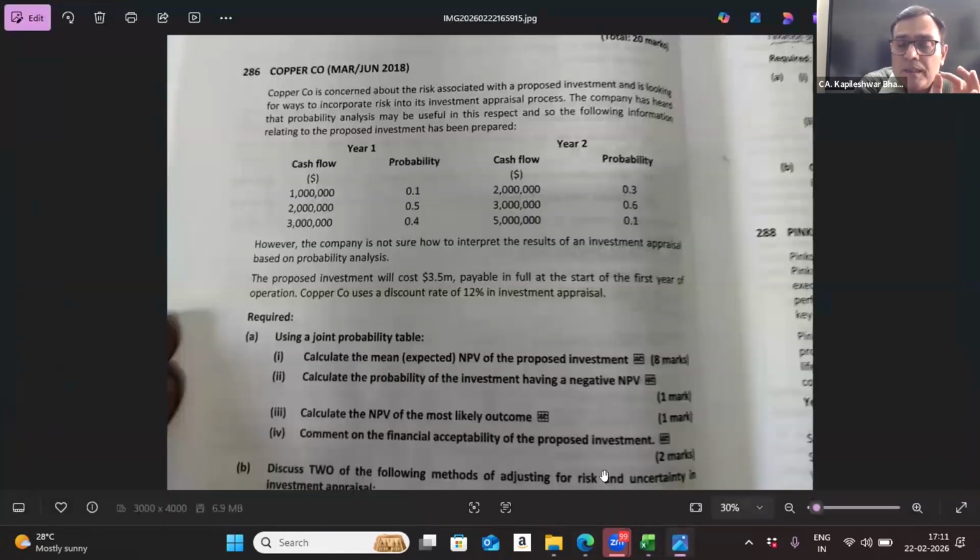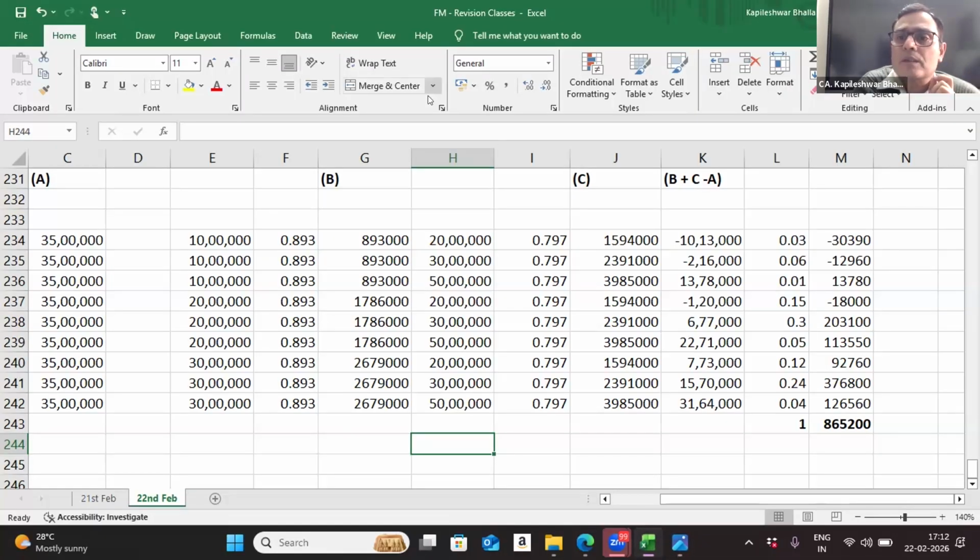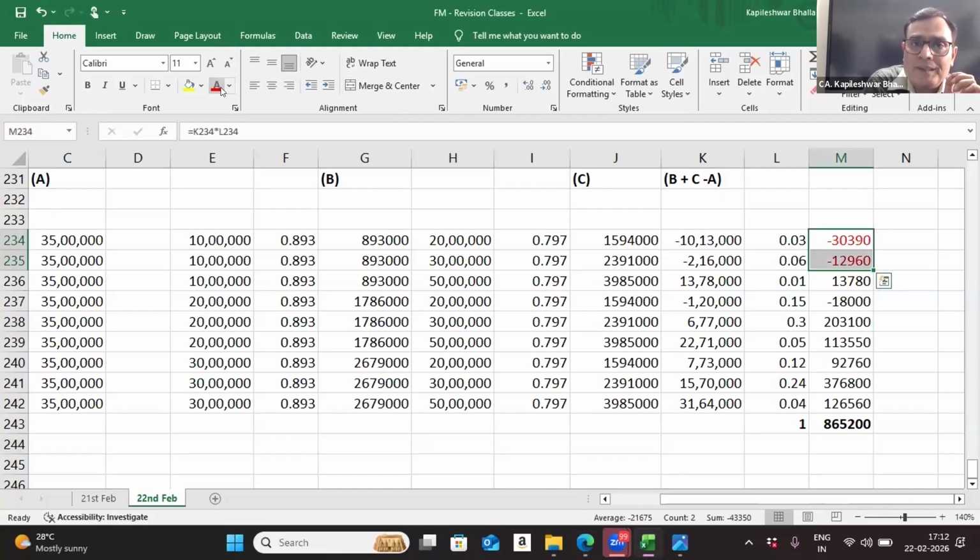So the first requirement is done. Using a joint probability table, calculate the expected NPV of the investment. That is done. Now it says what is the probability that the NPV will be negative. So you tell me what is the probability that the NPV is going to be negative. We can see the negative NPVs if I mark them. These are the two negative NPVs. That's 1. And then there is another negative NPV.